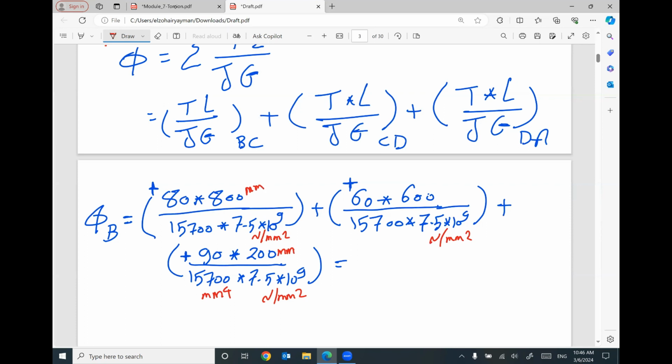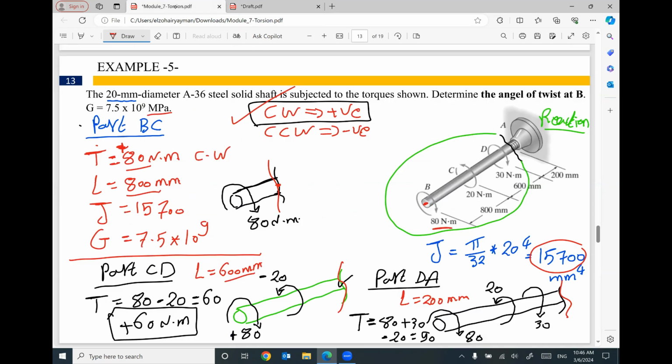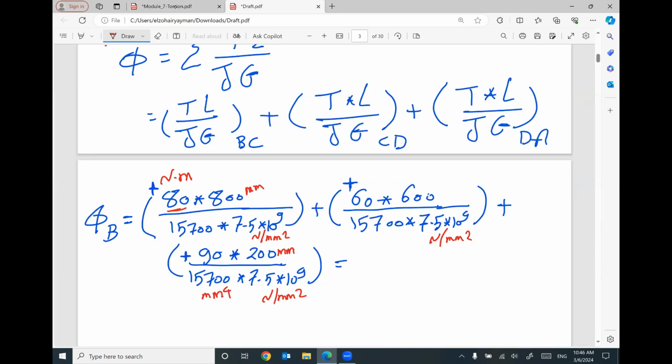So far, so good. But this 80 is Newton meter. You go back to the applied torque, it's in Newton meter. So we have a mistake right now, because everything is in millimeter and Newton. So this one must be multiplied by 1,000 to be in Newton millimeter.